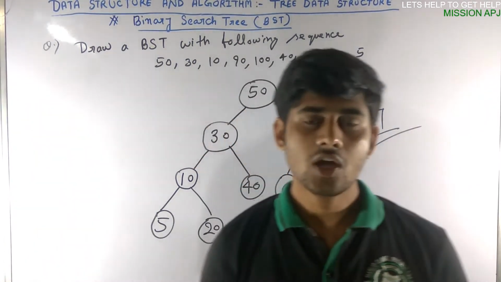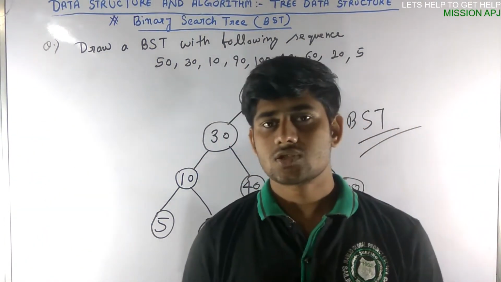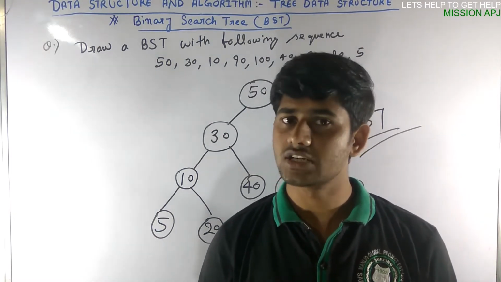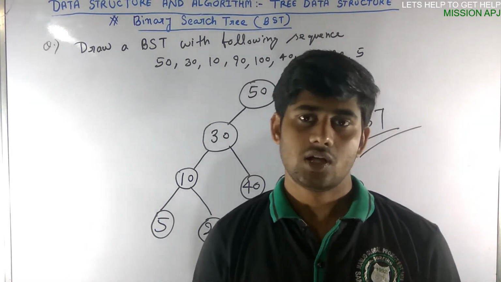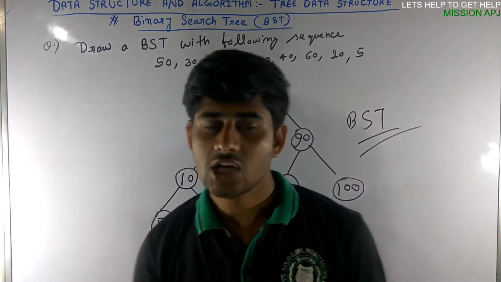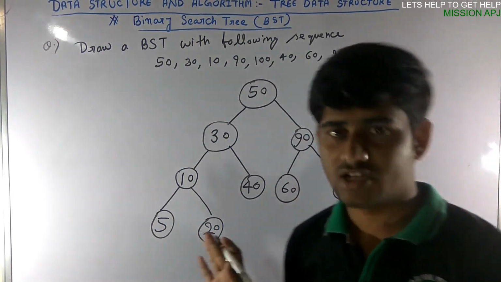Fine. Now there is one very important property of a binary search tree. We have covered the traversal part of any binary tree, and a binary search tree is also a binary tree, of course.